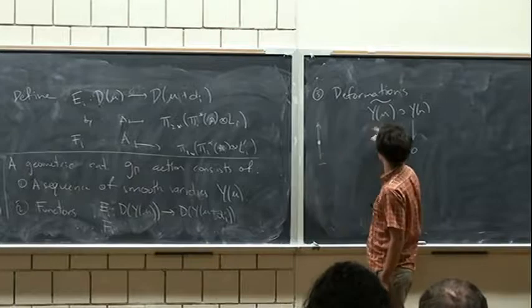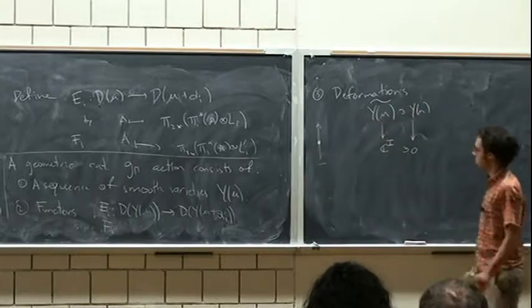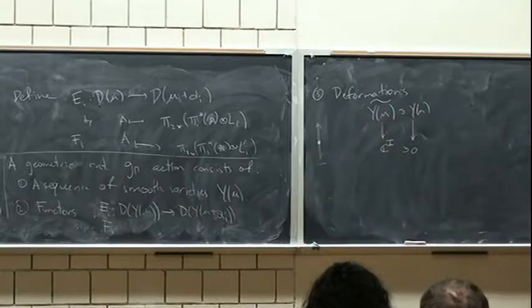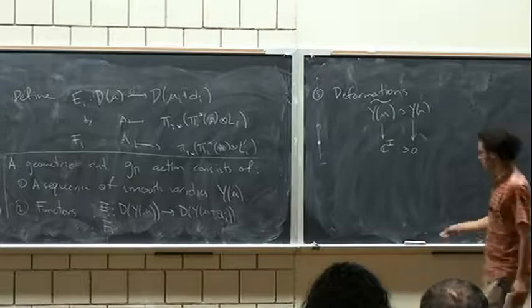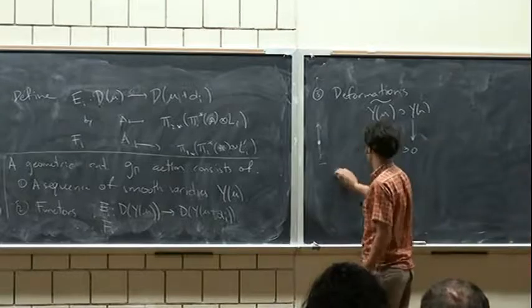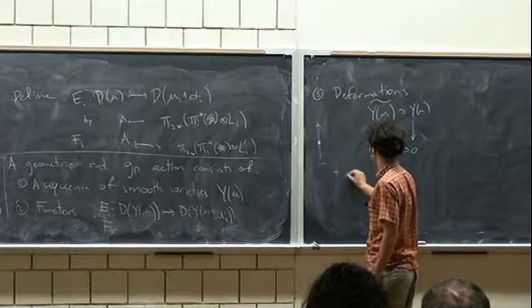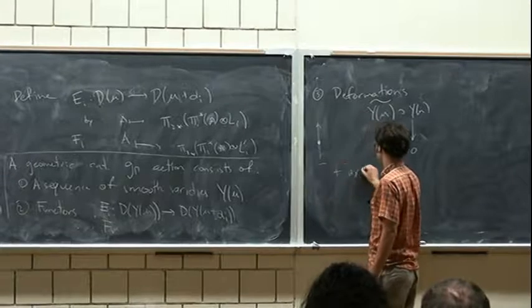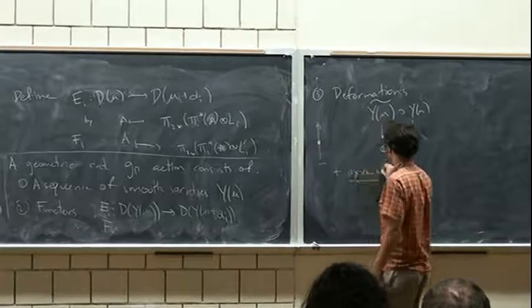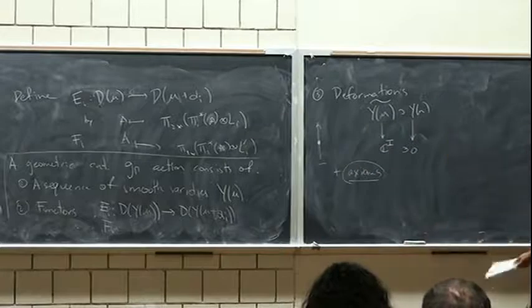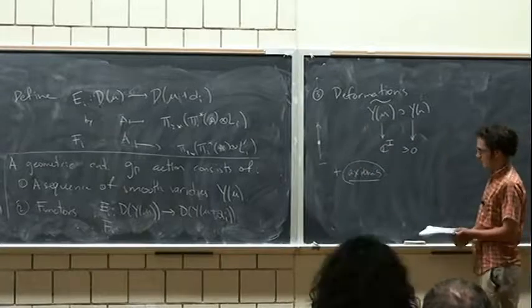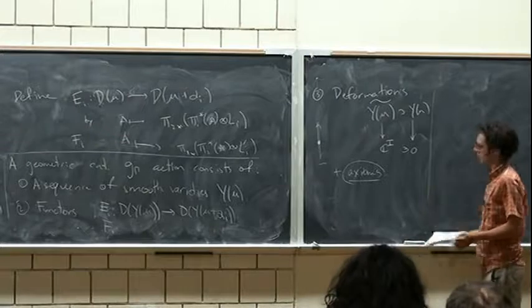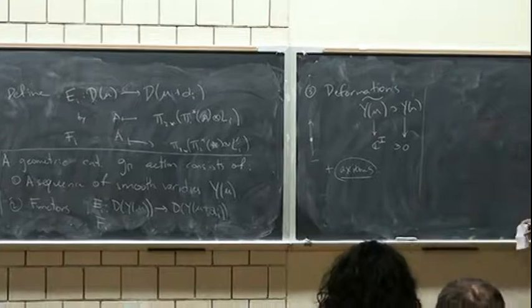So this guy with the dot is somehow being replaced by these deformations, and then the rest of the data comes along as well. So there'll be some conditions plus. So this is the data, and then there'll be some axioms this has to satisfy. But I don't want to write them down, but they're not that bad. Maybe I would say less involved than if you're having an action of the two category.